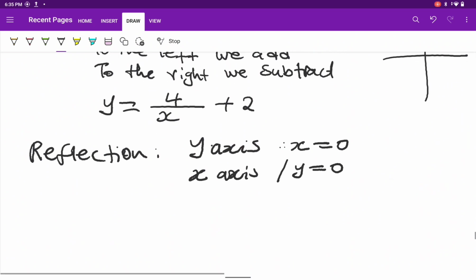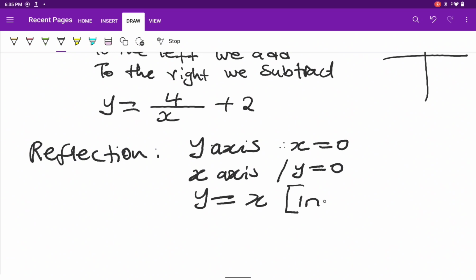Right, so now we will also be looking at a reflection along the line y equals to x. Now we say this in the grade 12 language. We are saying we are actually calculating the inverse.